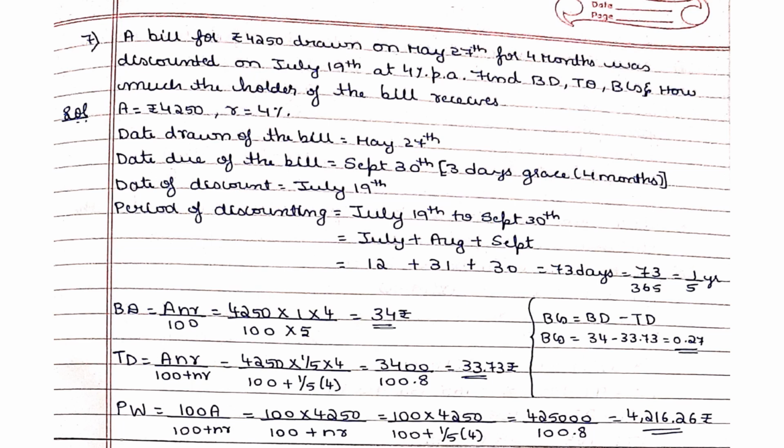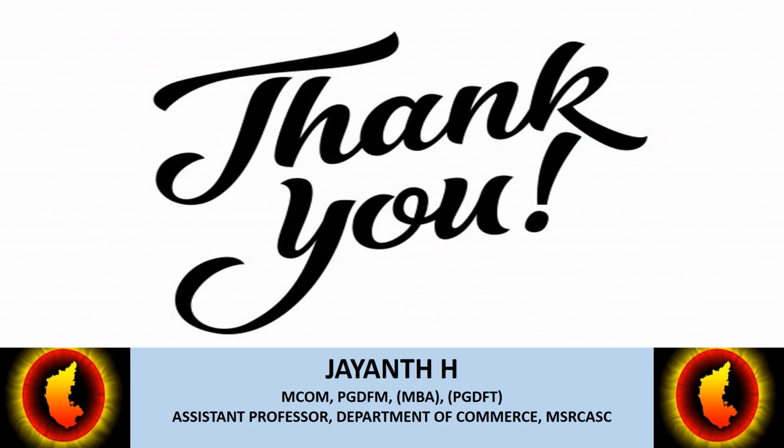The banker will keep some part as a fee or discount called commission, and the remaining amount will be given to you when necessary. Then you calculate the period of discounting, the banker's gain, discount and true discount, and finally you get the present worth of the value. This is the complete information on bill discounting.